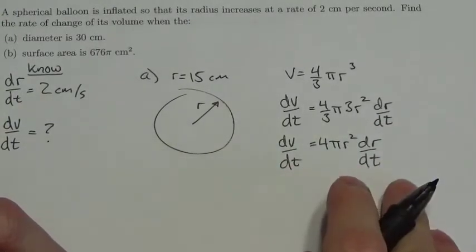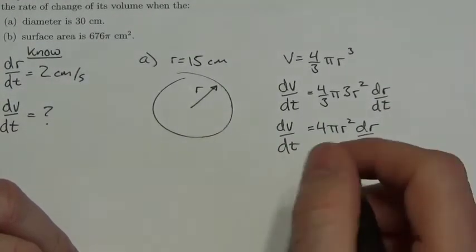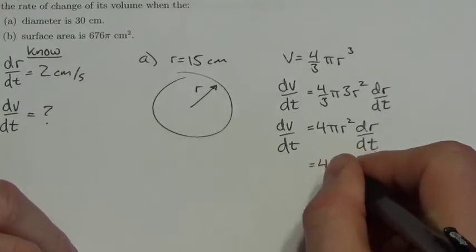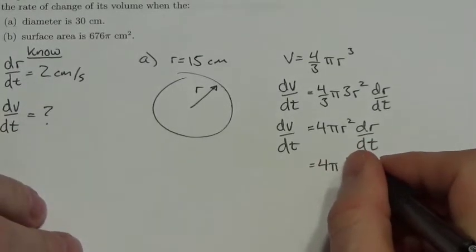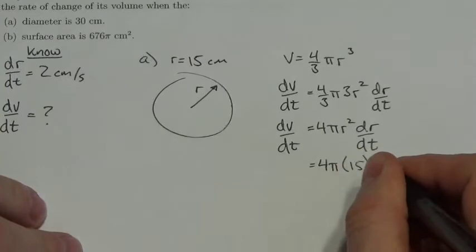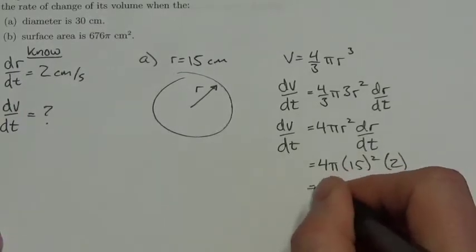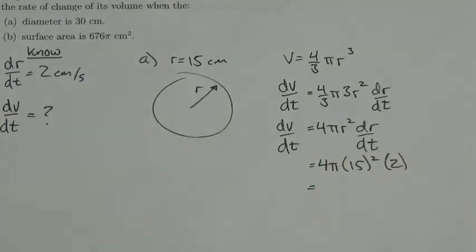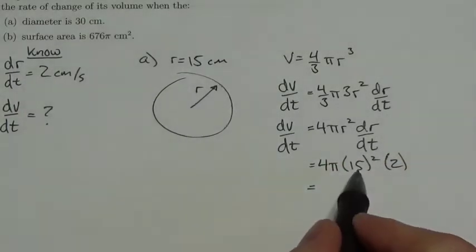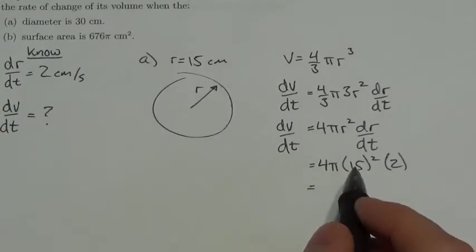I've now got this expression in terms of r and dr by dt, so now I can start plugging things in. 4 pi r is 15, so 4 pi r squared. And dr by dt was 2. Okay, so to simplify that, we got 15 squared, which is going to be 225 times 8, really.